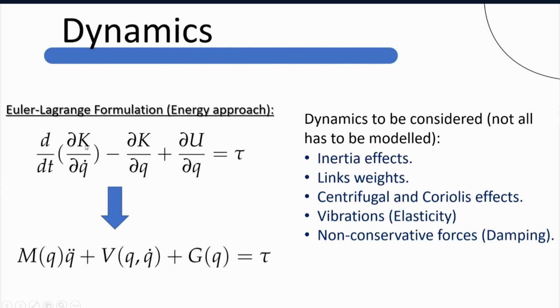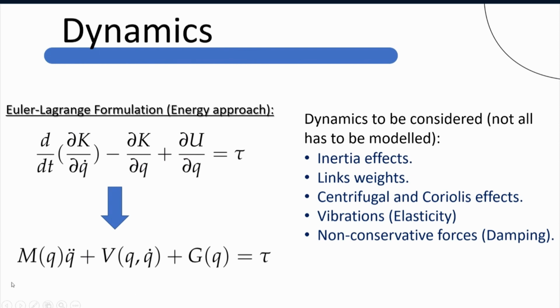K is the kinetic energy, U is the potential energy of the whole system, q is our joint angles, and tau here is our torques. We first formulate the kinetic and potential energy of the system, and once we do these differential relations, we have this nice formula here.